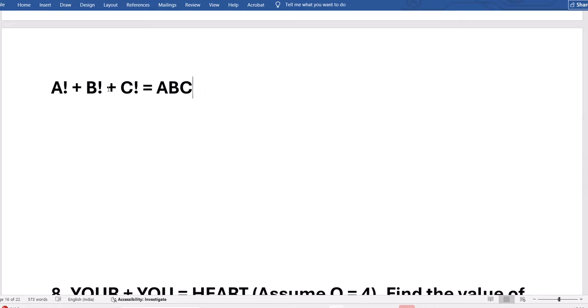Now find A plus B plus C value. Maybe sometimes they can change it, like find 2A plus 3B plus 4C. But this is the condition now: A factorial plus B factorial plus C factorial equals ABC. Then find A plus B plus C.